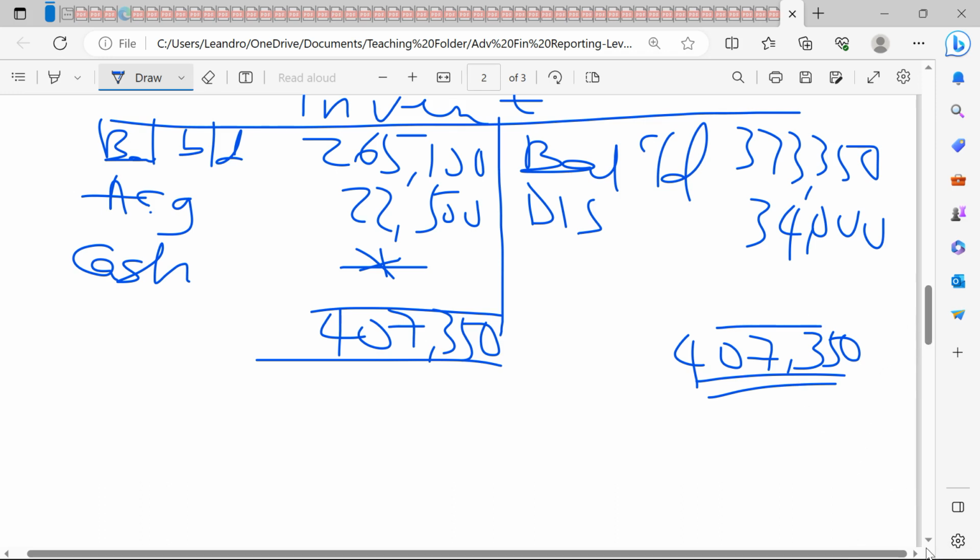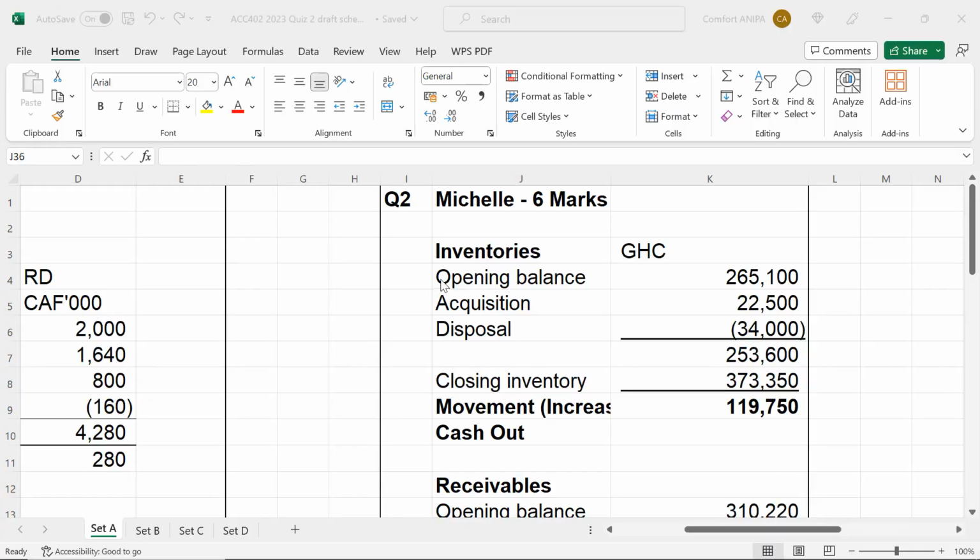So cash is reducing, it is a cash outflow.